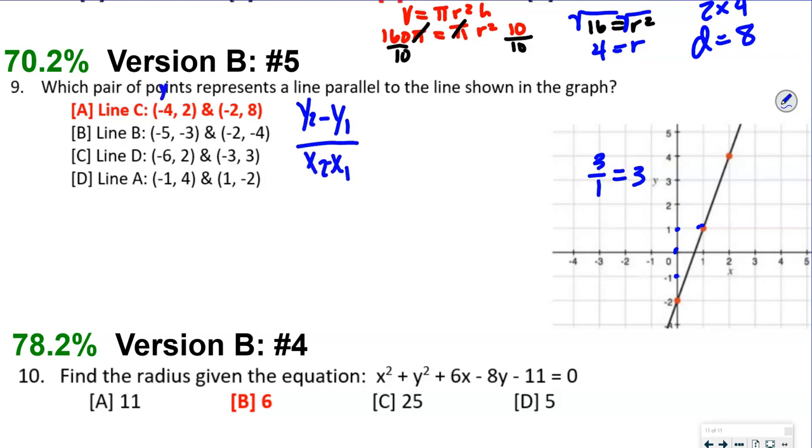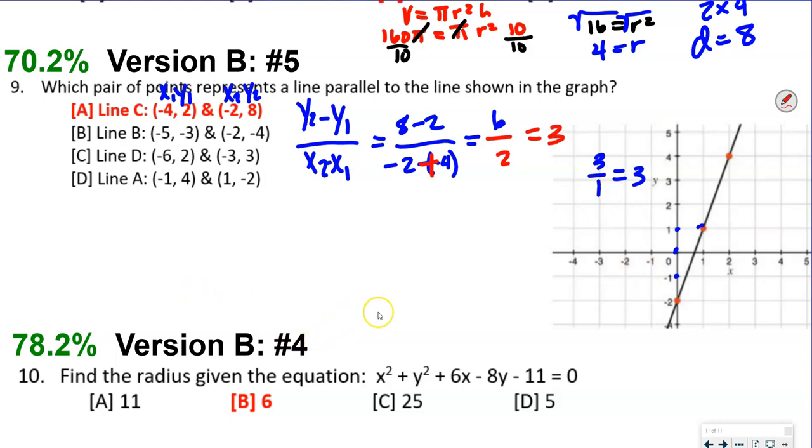So I'm going to label this x1, y1, x2, y2. So when I do this, it's going to be 8 minus 2, and then this is going to be minus 2 minus a minus 4, so that's going to be 6. And remember, if we subtract a negative, it's really a positive, right? So that's going to be over 2. So it's going to actually be 4 minus 2, right? So that is our 3 right there, okay?